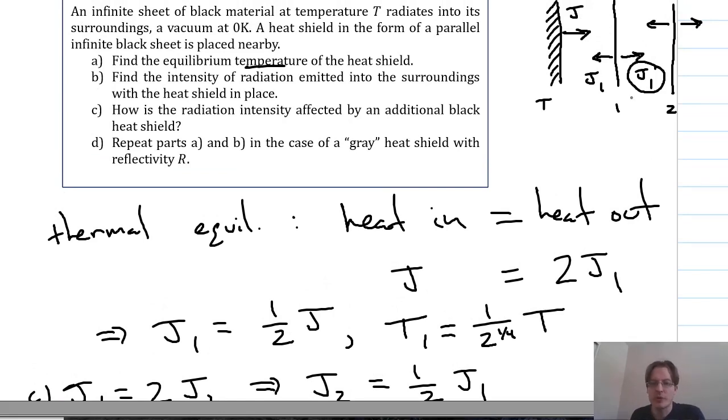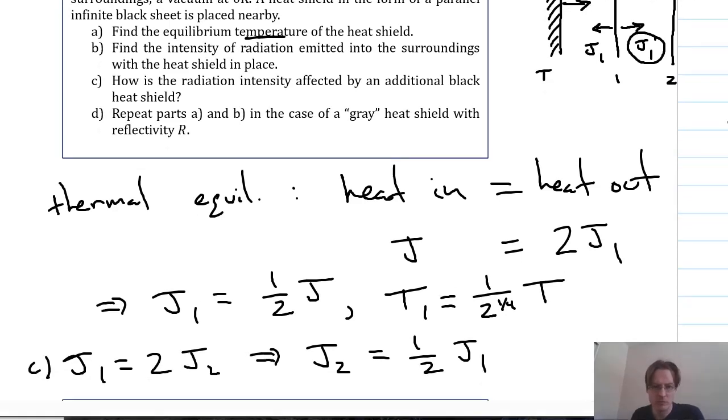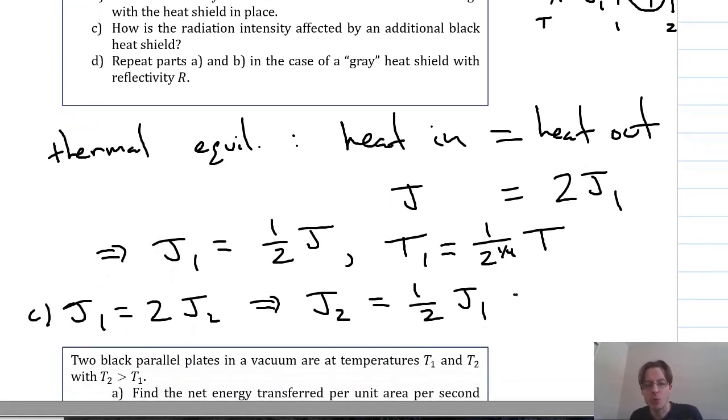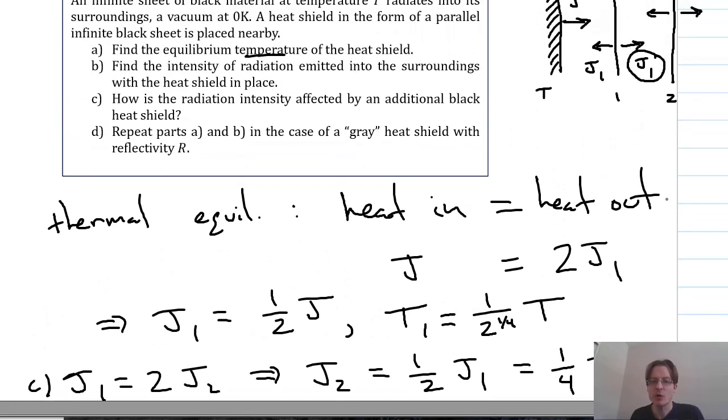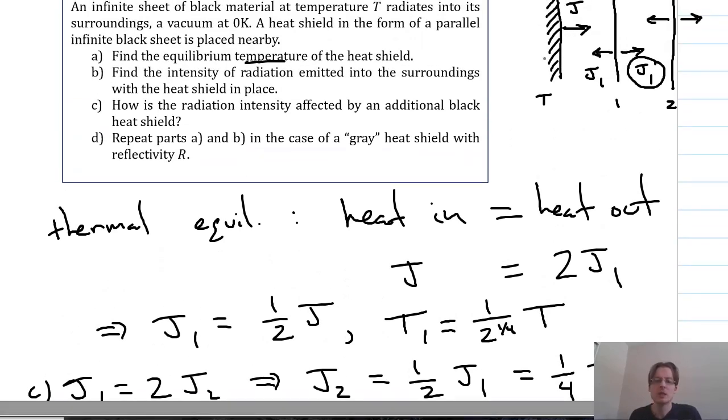In other words, by putting another heat shield there, the heat flowing out drops by a factor of 4. This is 1/4 compared to the heat flowing directly out of the star. So multiple layers of heat shields, they each drop the heat flow out by a factor of 1/2.